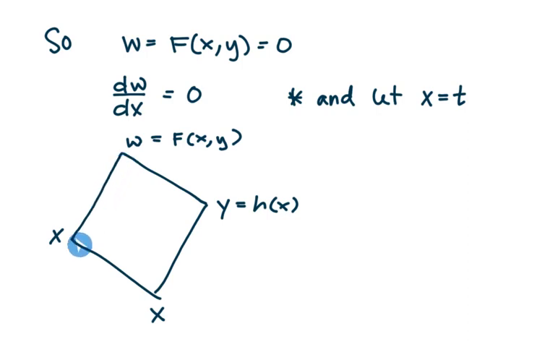So traveling down my dependency diagram here, this is the partial of f with respect to x, and then dx dx would equal 1. Similarly, we've got the partial of f with respect to y, f sub y, and here we would have y prime, or the derivative of y with respect to x.